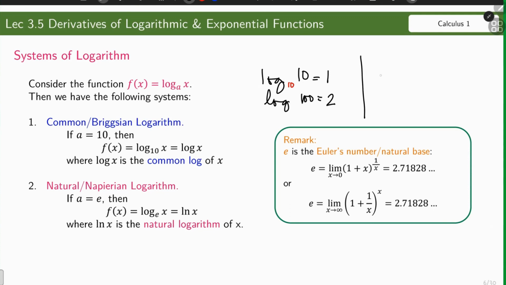And then also when working backwards, logarithm of 0.1. So this is equal to logarithm of 1 over 10, which is equal to logarithm of 10 raised to negative 1. So we have negative 1 times log of 10. We have negative 1.